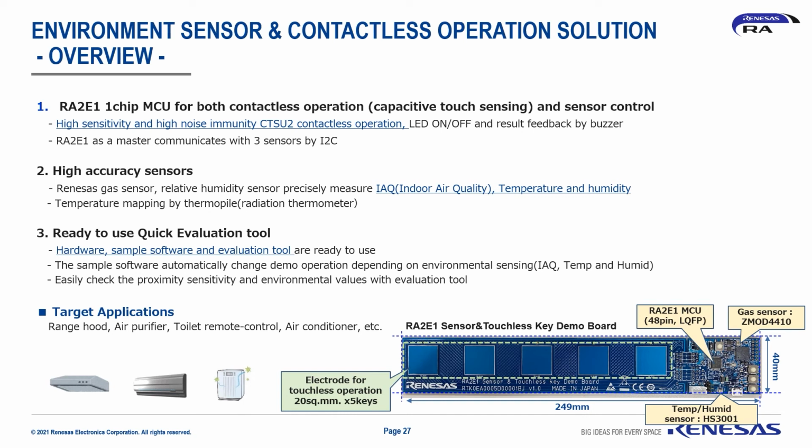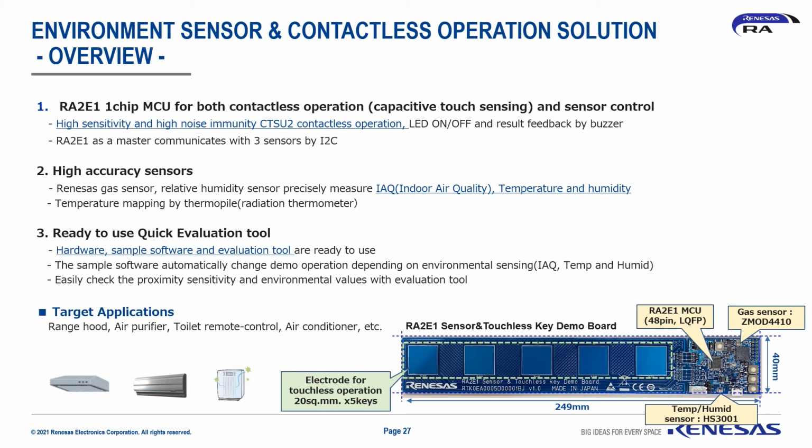Based on the proximity detection, we have also developed a solution to control sensor application. In this example, we have embedded Renesas sensors to measure the air quality, temperature, and humidity. The MCU is an RA2E1 device based on Cortex-M23 at 38 MHz.